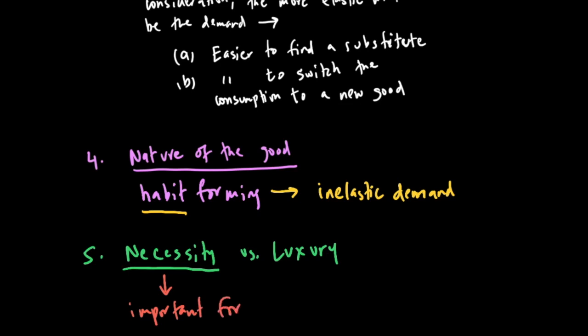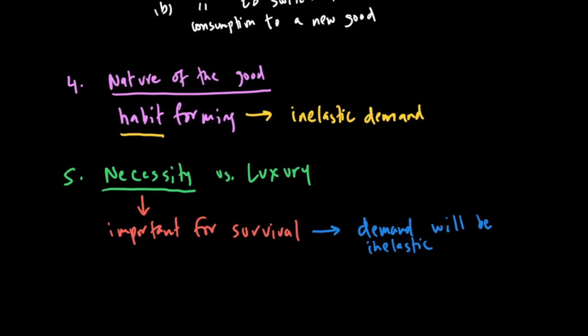And if it is important for survival, then automatically the demand will be inelastic. Why? Because people will not find it easy to switch or stop consuming those goods because they are important for our survival. So water, food, housing, clothing, all of these are necessity goods which have an inelastic demand because consumers find it difficult to switch.